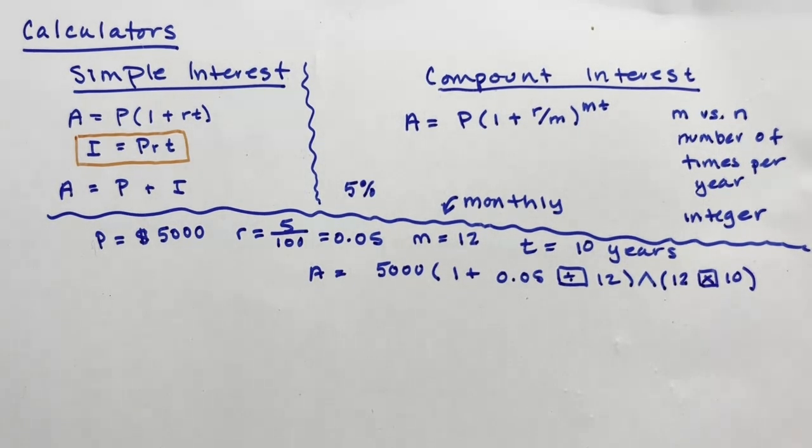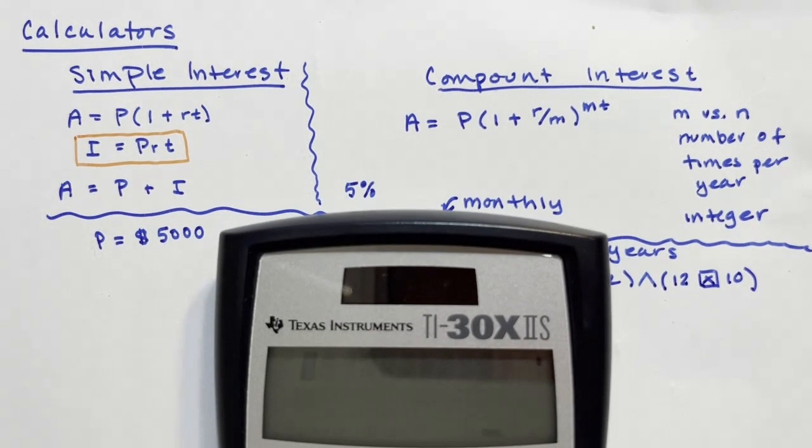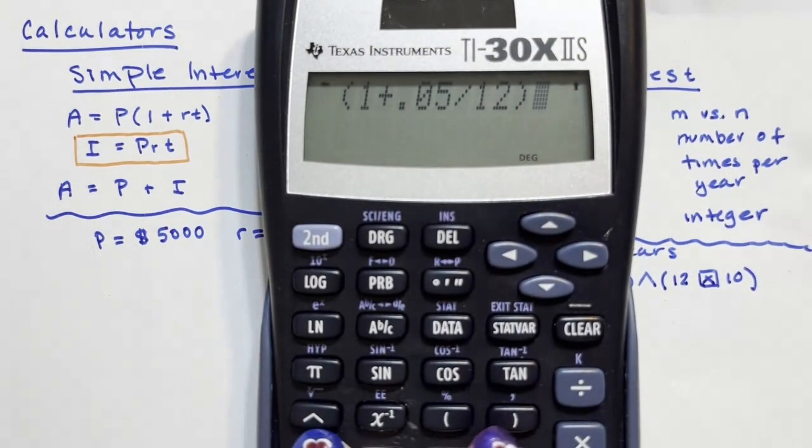So what that's going to look like when we enter that in here is 5,000 parenthesis 1 plus 0.05 divided by 12. And then the caret button is down here. There's our little caret.